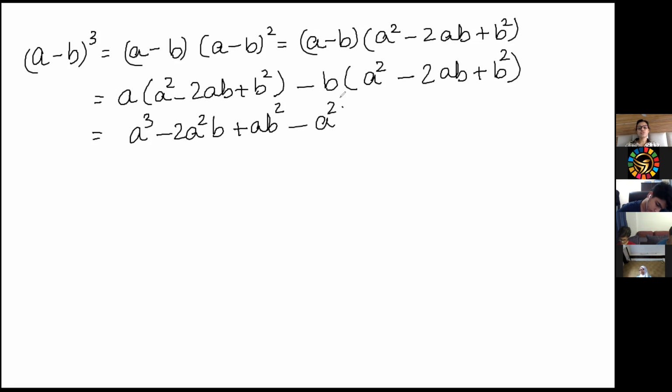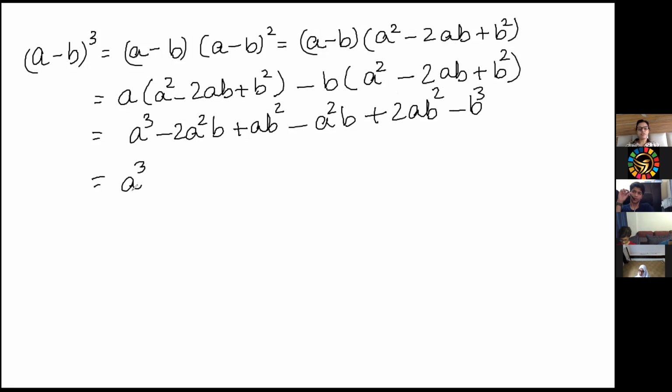Okay, I'll write a square b because the sequence looks good. Then plus 2ab square, then minus b cube. Correct. Now can I solve it now? Tell me how. Ma'am, can I tell the answer? Yeah, tell me. A cube.